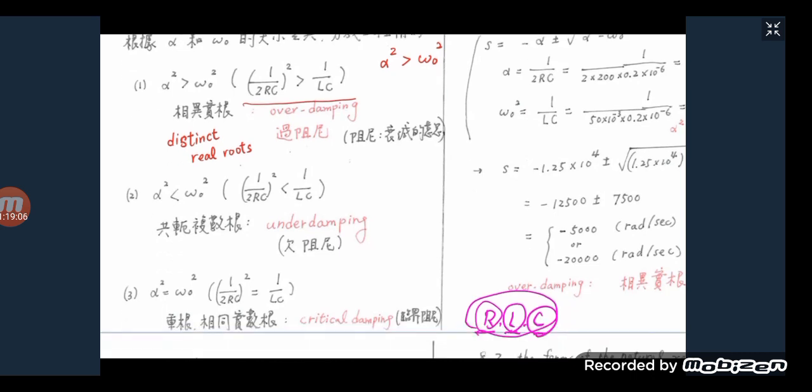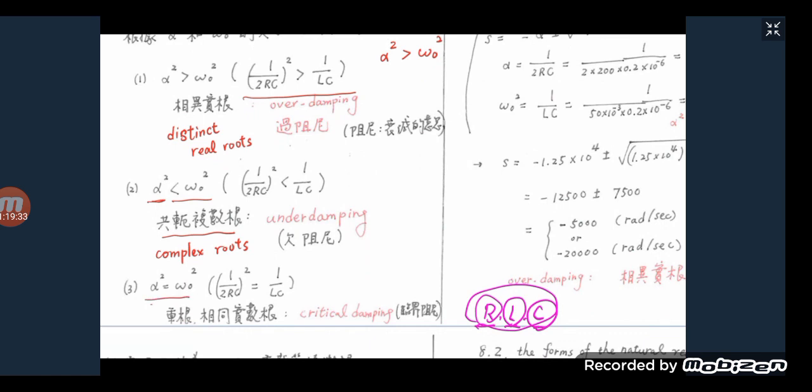And the second case is alpha squared smaller than omega 0 squared. So the roots are complex conjugates, complex roots, but they are conjugate to each other.